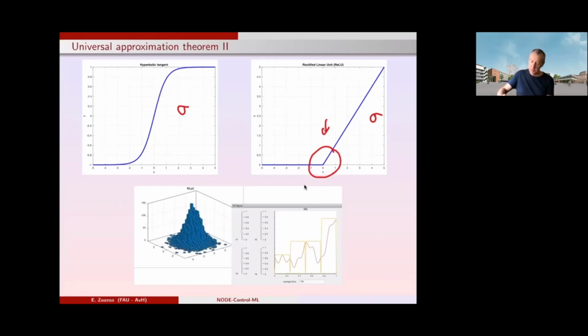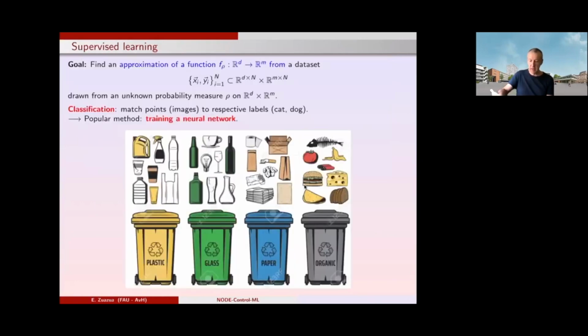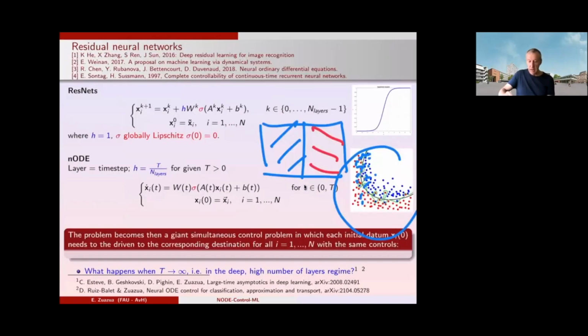Right? So good. As we said, the most prototypical, the simplest problem we could consider is that in which we are simply trying to classify data, right? And we said, well, we can reformulate that as a simultaneous control problem.